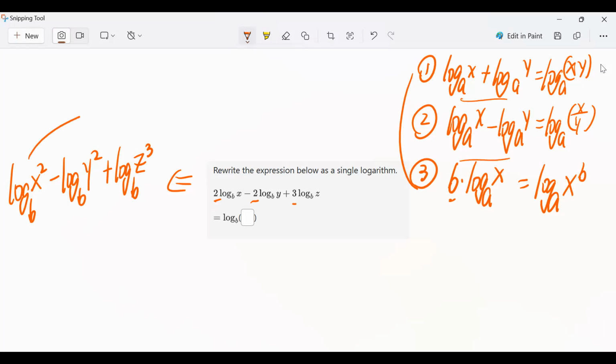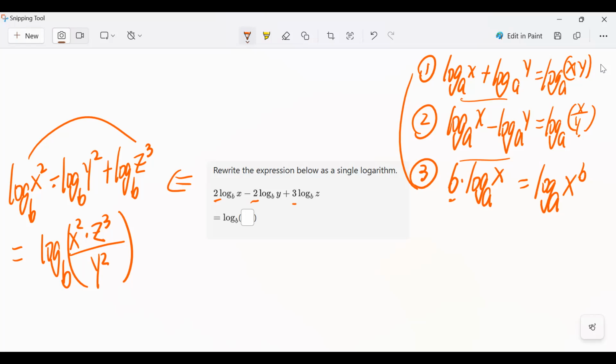Now you have put back the coefficients, then we apply the other 2 properties. So now addition, right? Addition becomes multiplication. Log b of x squared times z cubed. And then subtraction here becomes a division, so divide by y squared. So that's how we condense it into a single logarithm.